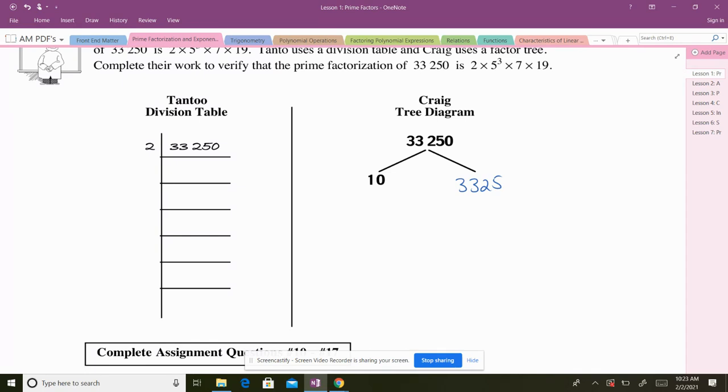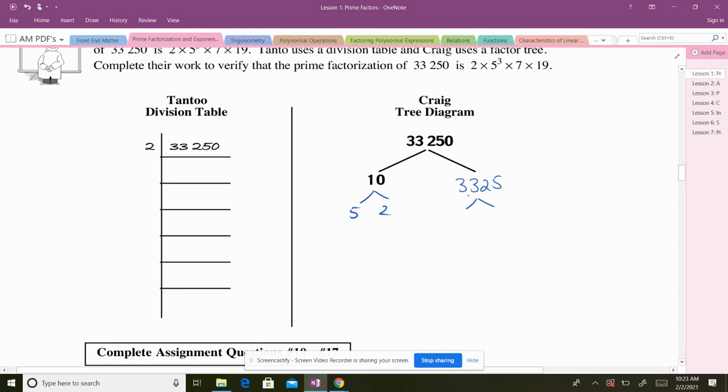To what? 5 and 2. 3,325 can break down into, I'll give you a hint: if it ends with a 5, what can you always divide it by? You can do 5 and 665, or you can try 25. It's a bigger number.